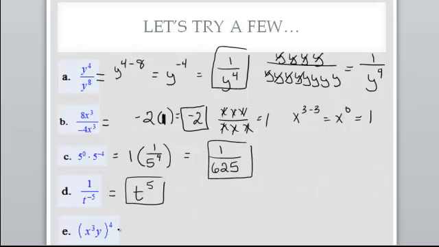Ooh, E looks really interesting. Let's see. This 4 is on the outside of the parentheses, which means everything in there gets raised to the 4th power. So we're going to have this. Okay. Well, this looks similar to what we've been doing.